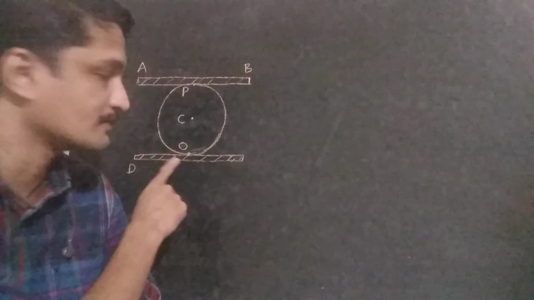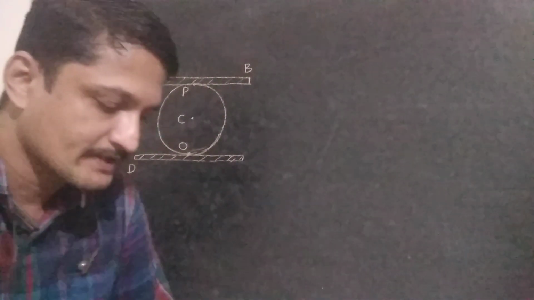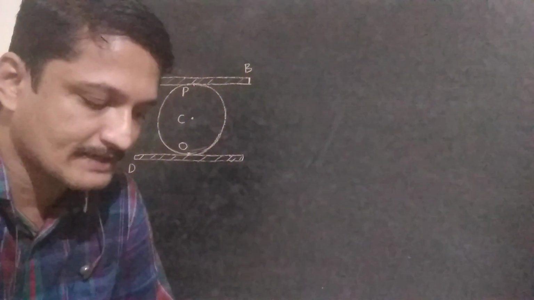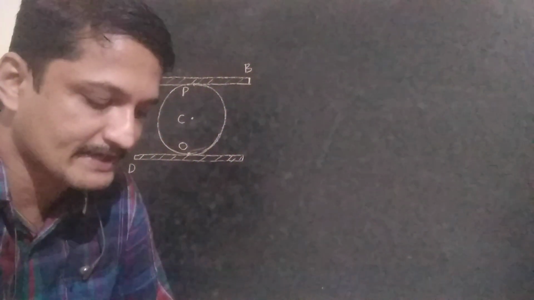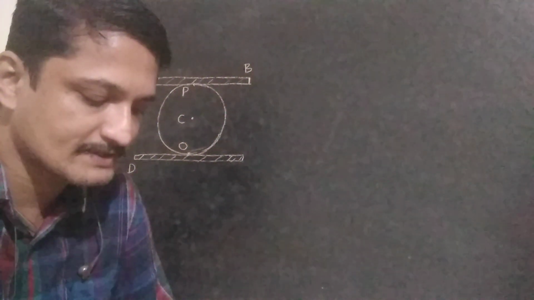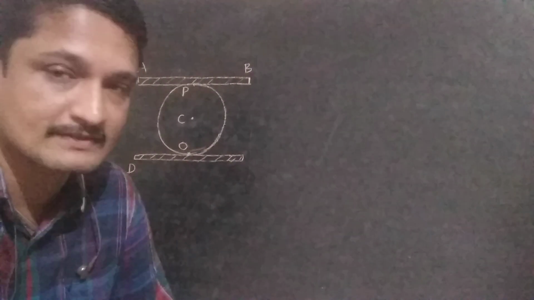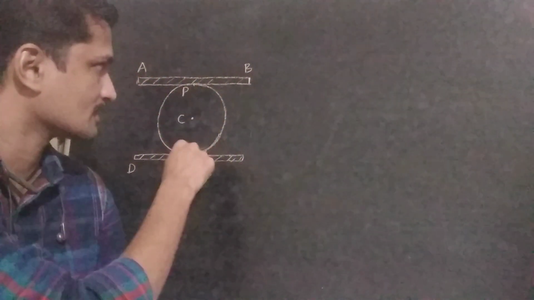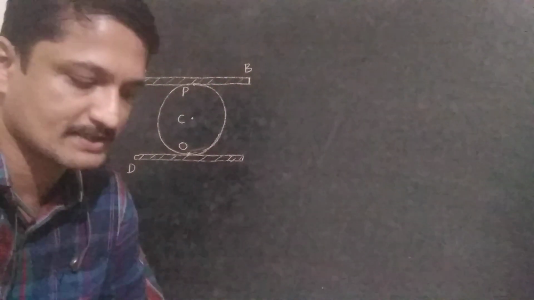Find it first when the velocities are in the same direction, and second when the directions of velocities are opposite. Given the diameter of the roller as 40 centimeter.